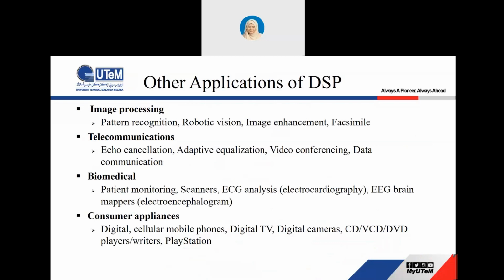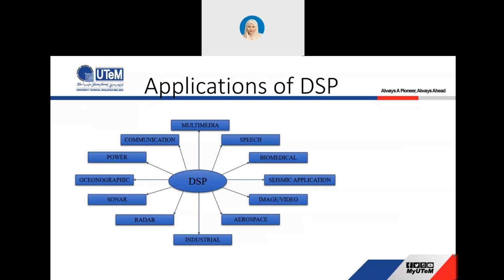For EEG brain mapping, EEG is brain signals, and then other applications are for consumer appliances, such as cellular mobile phones, digital TV, digital camera, PlayStation. So many applications of DSP. Currently, we are using them every day in the home, or also in our mobile phones. So this is the application of DSP.